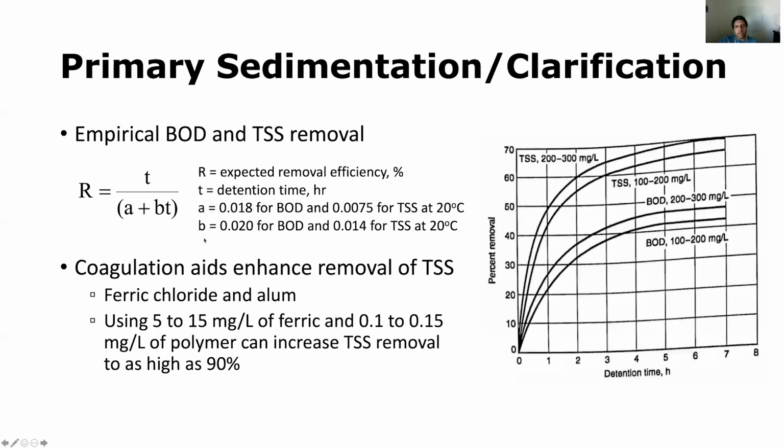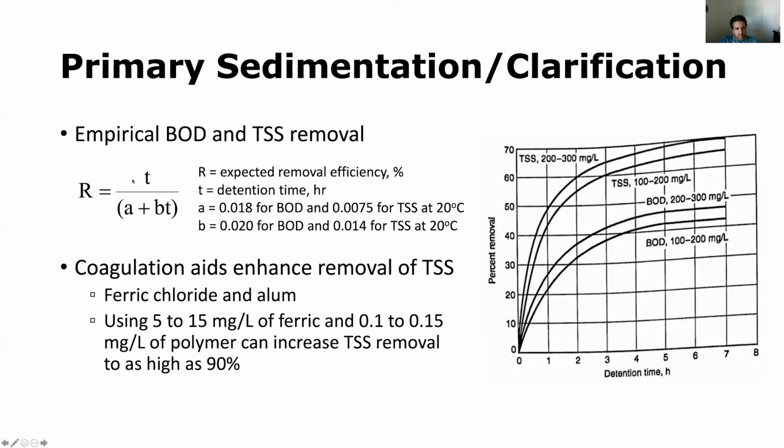All right, and we can predict the BOD and TSS removal using the following equation, where we've got some empirical coefficients here for A and B that you would see for BOD removal and TSS removal at a temperature of 20 degrees. The efficiency of the system may be different at different temperatures, but you can see here how the percent removal is also correlated with the detention time.